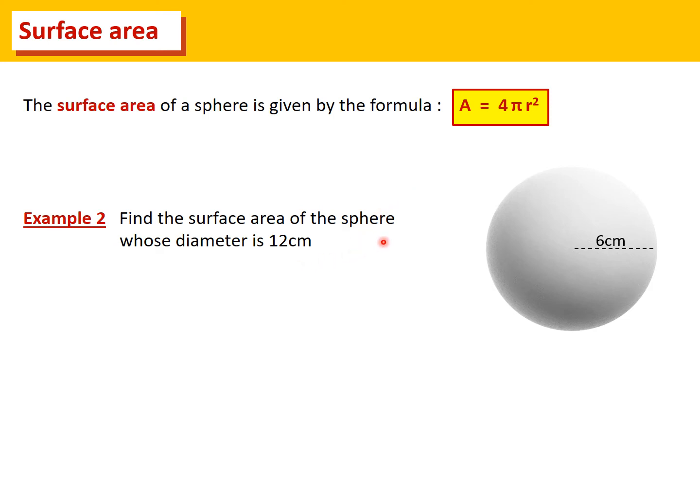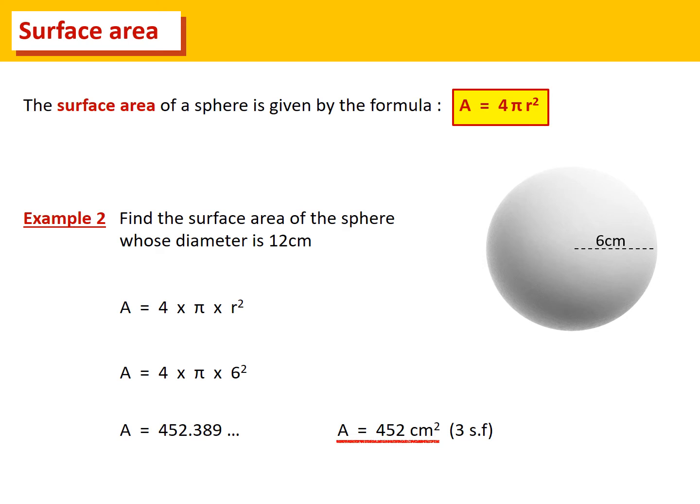We have to find the radius first and then substitute that into the formula. So there's our formula, substitute 6 into it. Remember, square the radius first and then times by 4 pi, and then at the end we'll round that off to 3 significant figures.